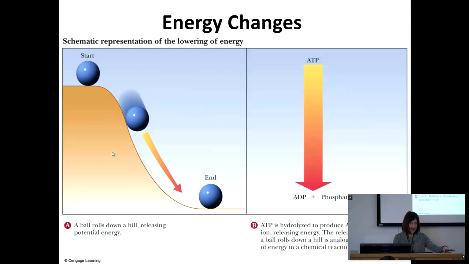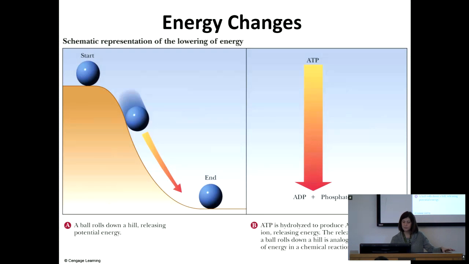So spontaneous reactions, or reactions that proceed without the input of energy, are those in which the products have lower energy than the reactants. Remember, every molecule contains a certain amount of internal energy. It's called Gibbs free energy, the free energy of formation, delta G formation.